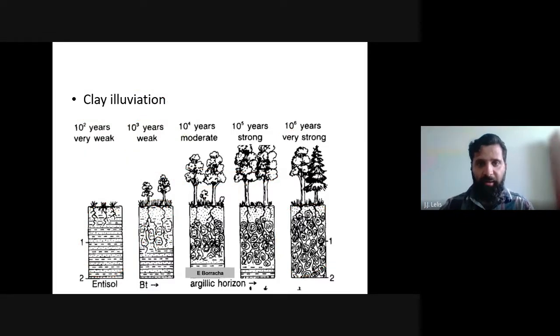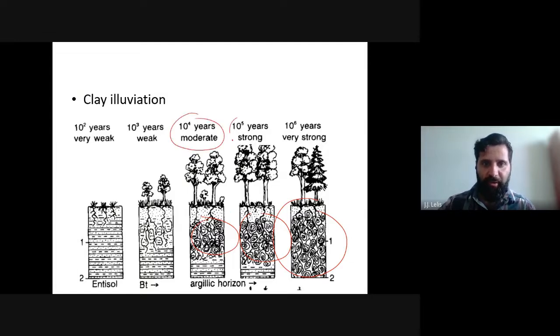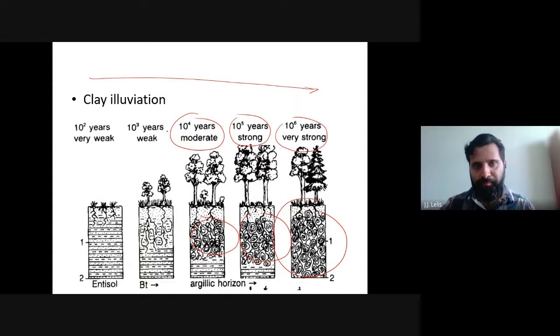And again, we need to understand that if I find some profiles in the field with conditions like this, that present a thick, deep argic horizon, it indicates to us that this soil has a very old formation, under stable climate conditions.